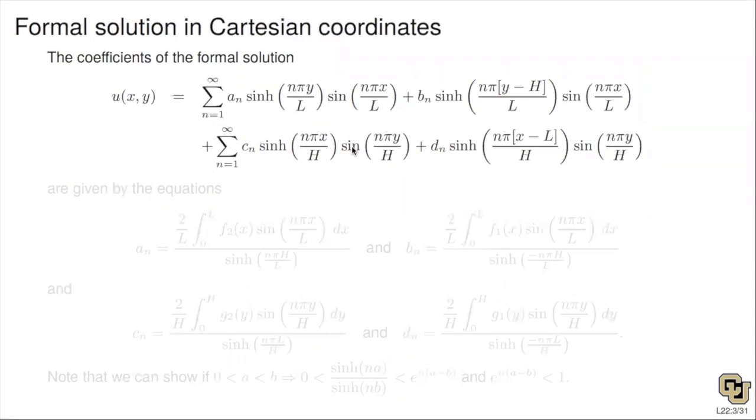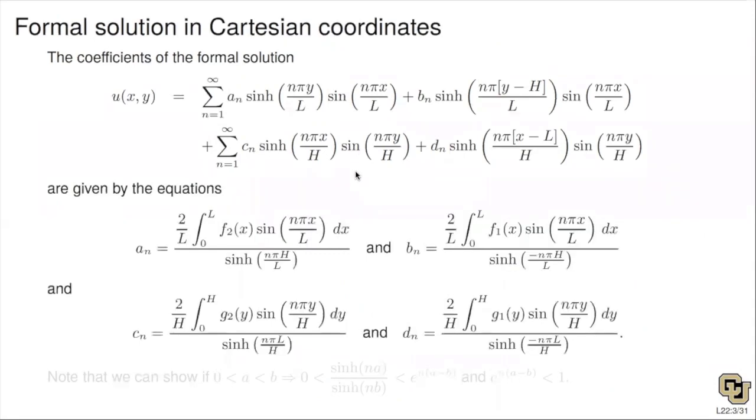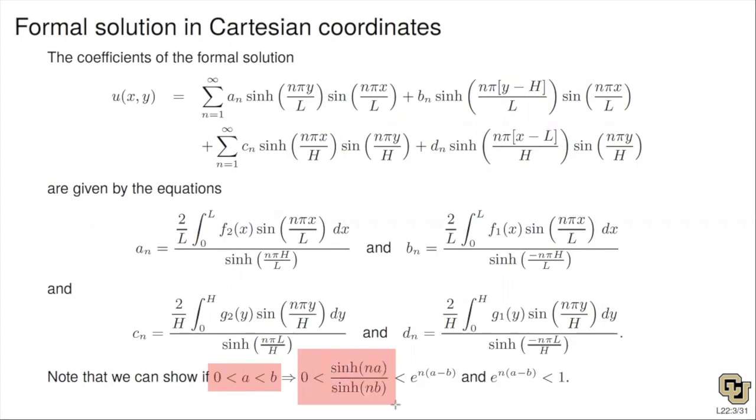So here, with regards to convergence, we can show algebraically this result: if A is less than B, and they're both positive, then sinh of nA divided by sinh of nB is less than e to the n times (A minus B). If A is less than B, then A minus B will be negative.